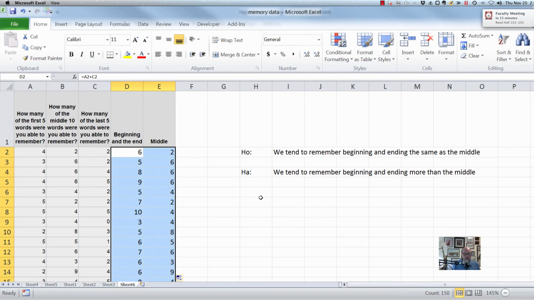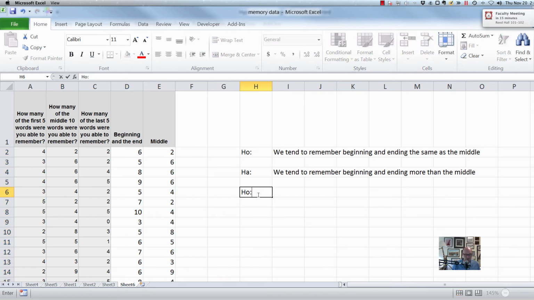So how do I rewrite this? Well, the null, I would say something like, let's see, the middle minus the beginning and end is less than 0. All right, could do it that way.